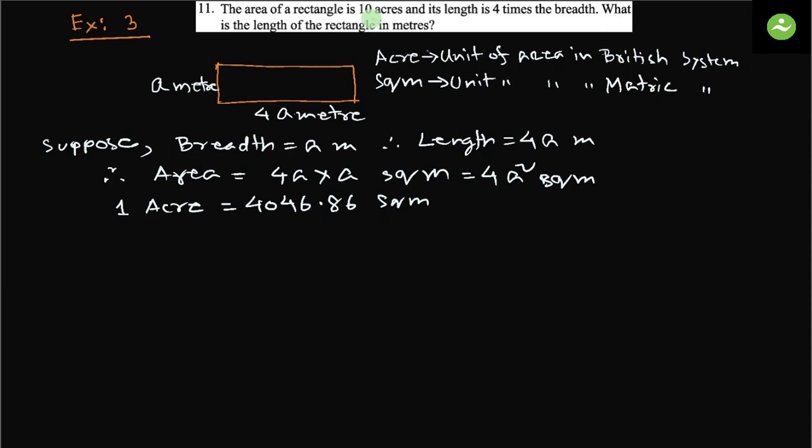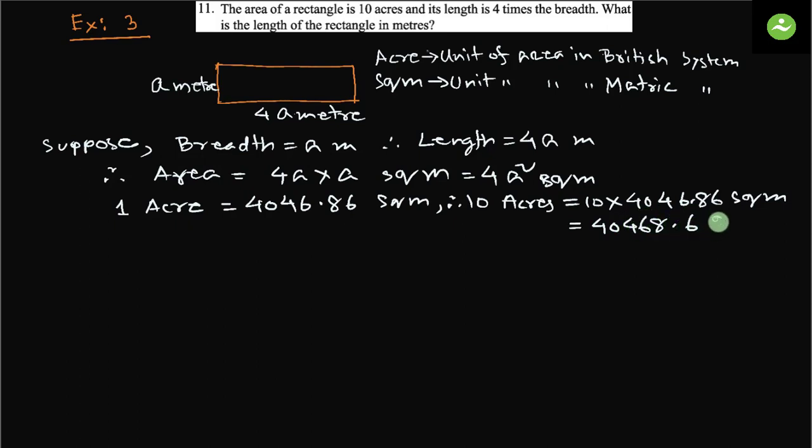From here we can find 10 acres equals 10 into 4046.86 square meter. Now multiply the decimal fraction by 10. If we multiply, then the decimal point moves 1 digit right, equals 40468.6 square meter.